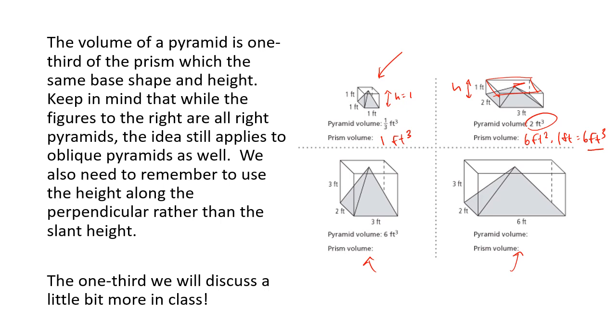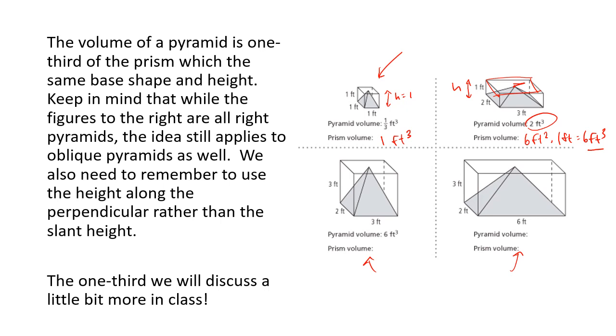But remember Cavalieri's principle here, as long as I keep everything parallel, then the volume is going to stay consistent. So I could make this an oblique pyramid, and as long as that apex point stays in that same plane parallel to the base, the volume stays the same.